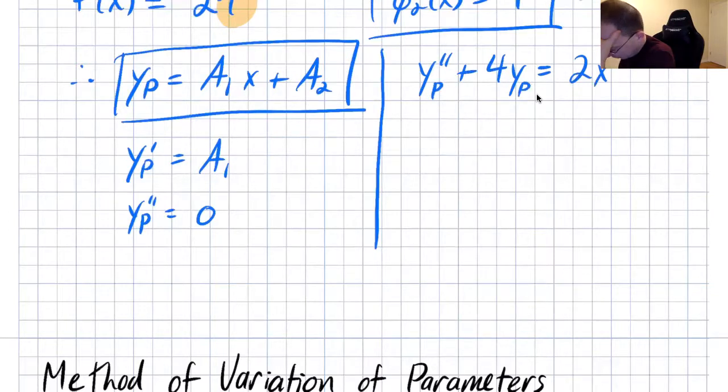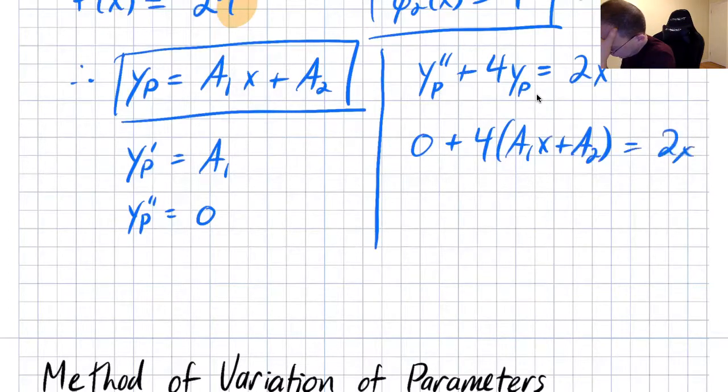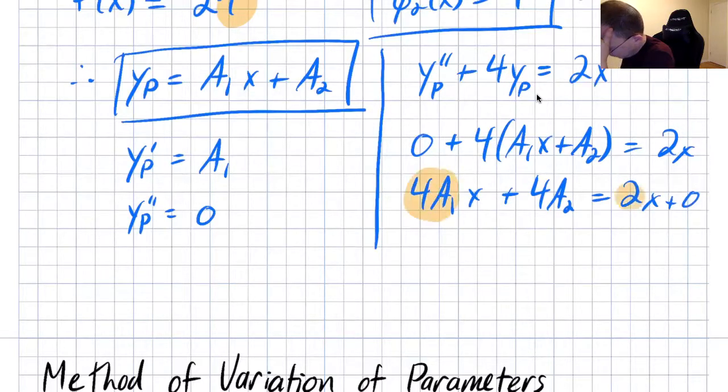So yp double prime is 0, and yp is a1 x plus a2, and that is equal to 2x. And so we end up getting 4a1 x plus 4a2 equals 2x. And that's actually 2x plus 0. So when we match things up, 4a1 matches with this 2, and then this 4a2 matches with the 0.